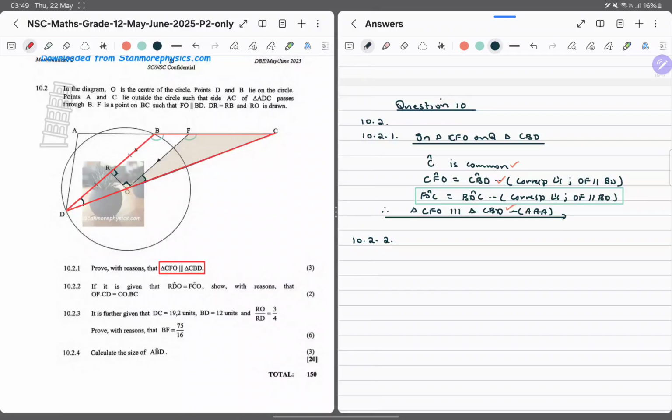10.2.2, we are given that this angle RDO is equal to FCO. So this angle is given as equal to that angle now. Okay.